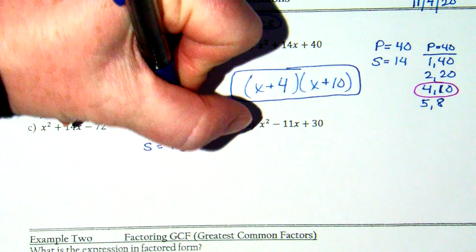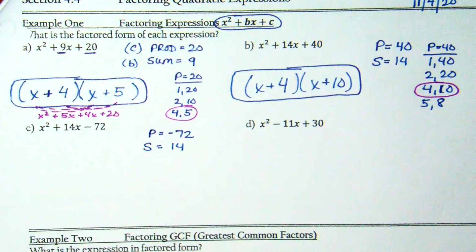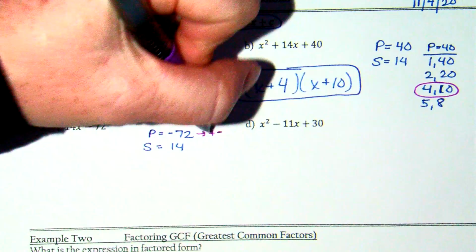Now, in terms of multiplying to be a negative 72, what do you know about 2 numbers that multiply to be a negative? Yeah, we're going to have some combination of plus and minus.